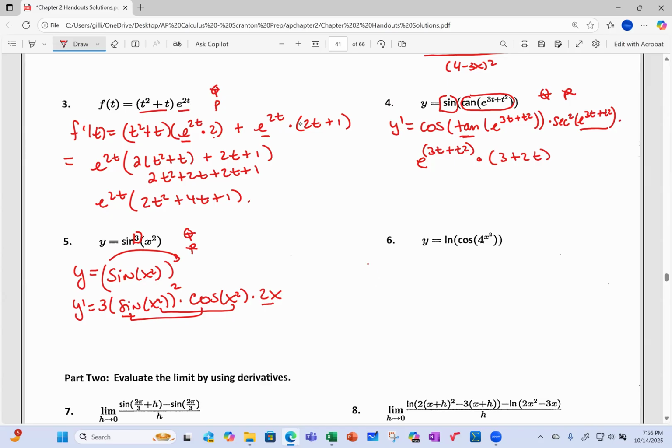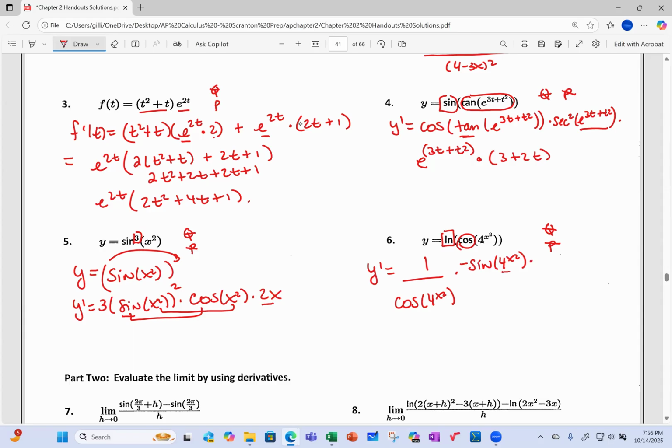And number 6, what would be y prime? Well, it's not a quotient. It's not a product. It's a function within a function. And the outside function is ln. Its derivative is 1 over the inside times the derivative of the inside. Well, the derivative of cosine is minus sine. Repeat the inside.